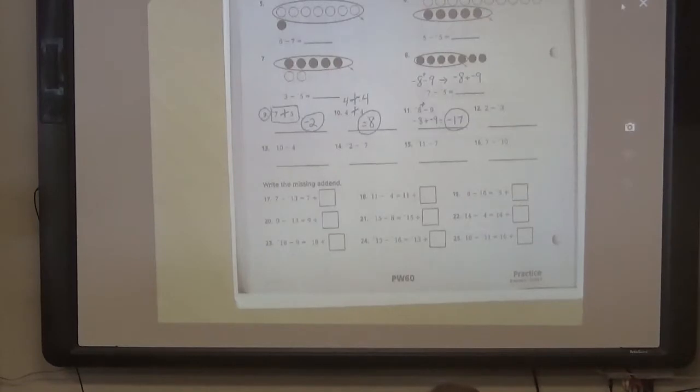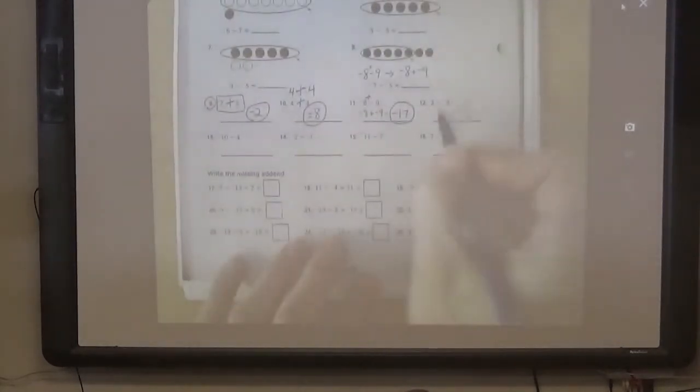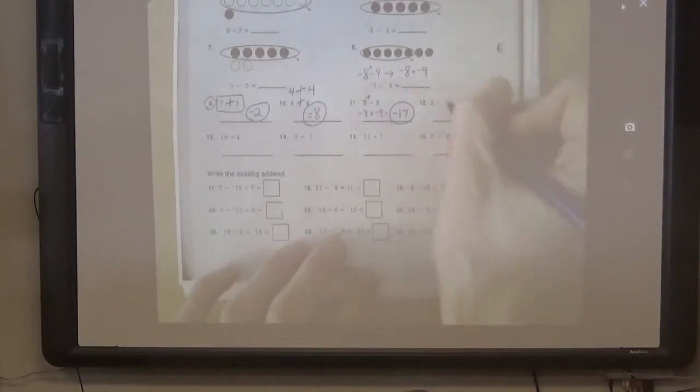So again, we are trying to find patterns here. Kate, turn around. Back to work. We're looking for patterns in the numbers and symbols. The pattern is that when there are 2 minus signs in a row, like 2 minus negative 3, we change that to 2 plus 3.